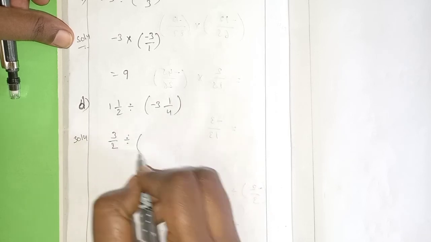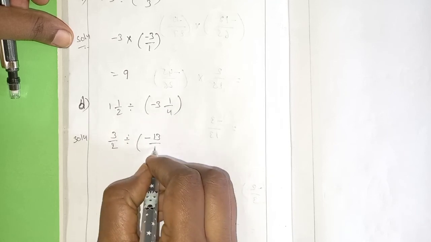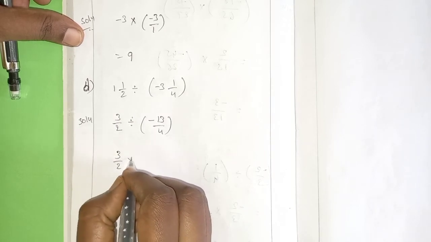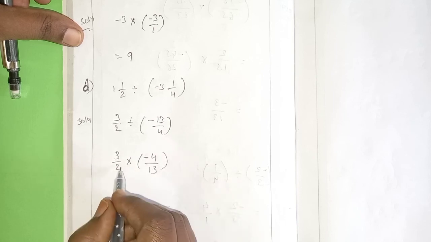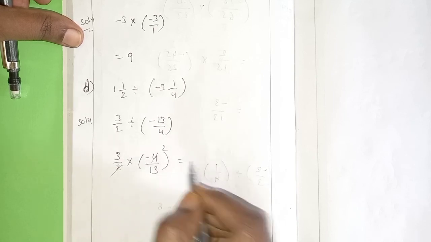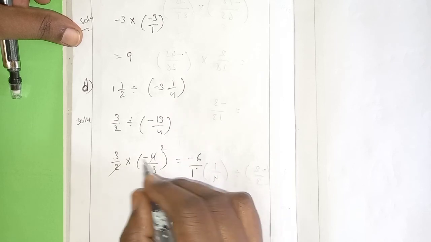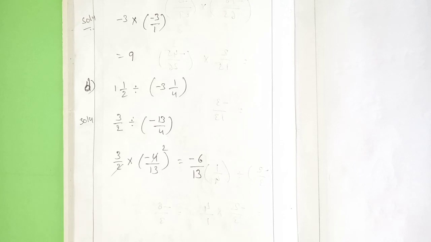Divided by 4 3s are 12, 12 plus 1 is 13, minus 13 by 4. 3 by 2 into minus 4 by 13. 2 1s, 2 2s. 3 2s are 6. Minus 6 by 13. That is the answer.